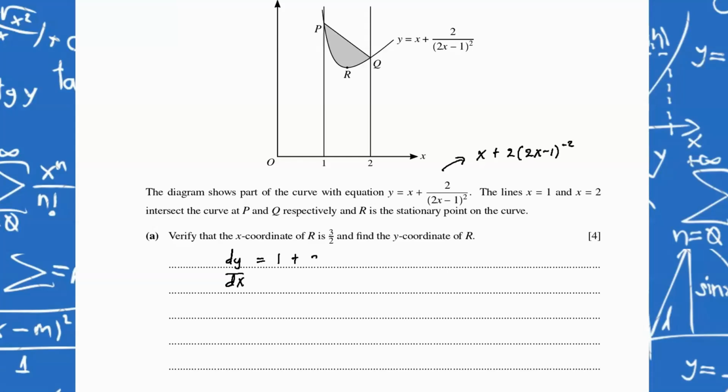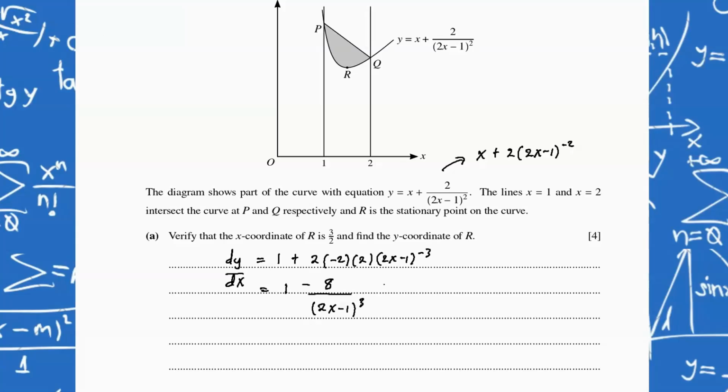So that will be 2 times minus 2 times 2 times (2x minus 1) to the minus 3. So basically this is 1, and that's minus 8 over (2x minus 1) to the power 3. So that's what we are having right here for dy by dx.